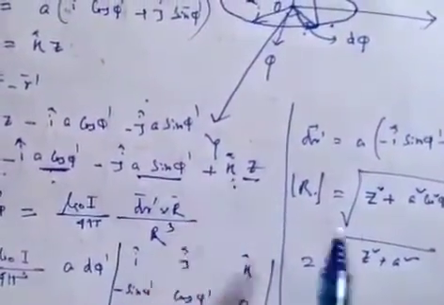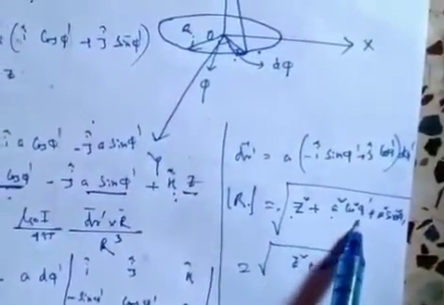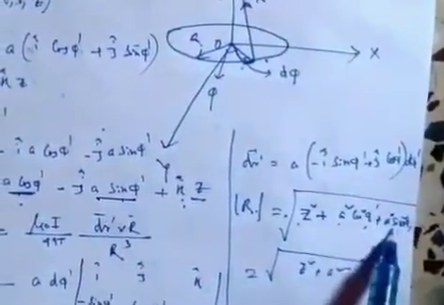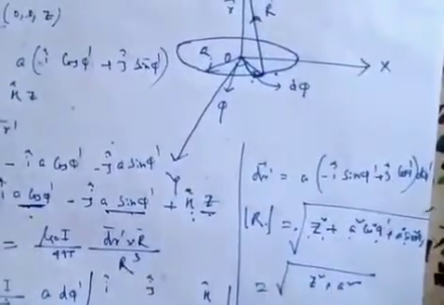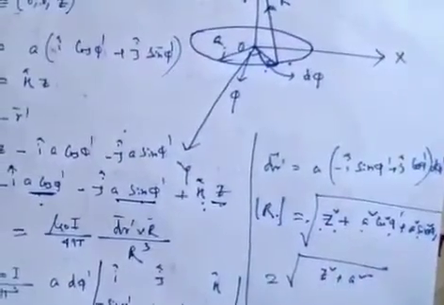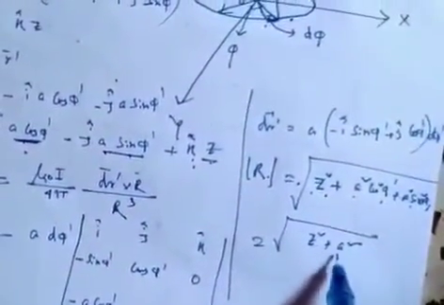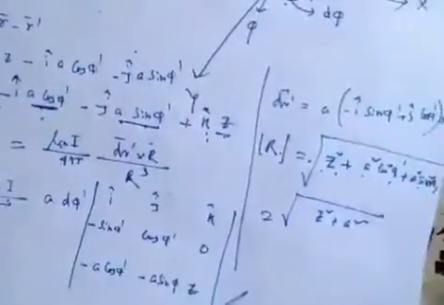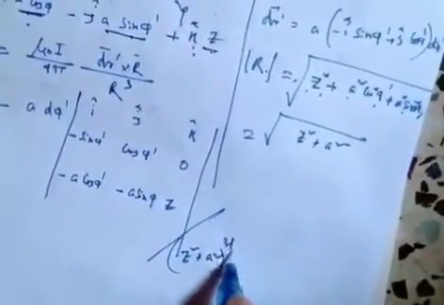Modulus of R is root over the x component square, that is a square cos square phi prime, the y component square, that is a square sin square phi prime, and the third component square, z square. The final expression is R equals root over z square plus a square. Now there is R cube, so z square plus a square whole to the power 3 by 2.